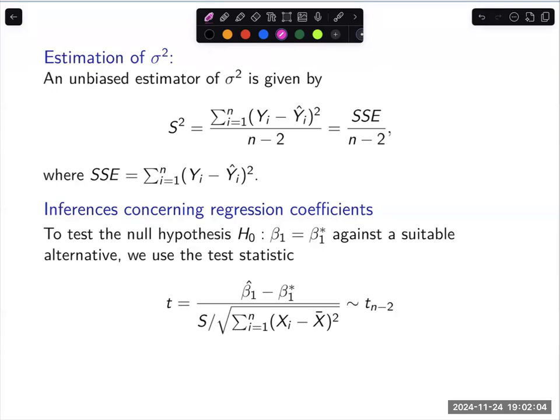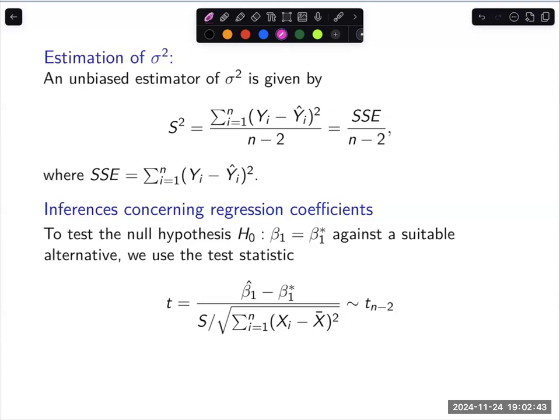And similarly, we can use what we have from the previous hypothesis testing knowledge to conduct hypothesis testing, and most importantly, to test whether the model holds a certain linear relationship. In particular, for the null hypothesis beta 1 equal to beta 1 star, where beta 1 star is a hypothesized value of beta 1, the statistic is distributed in the following form.